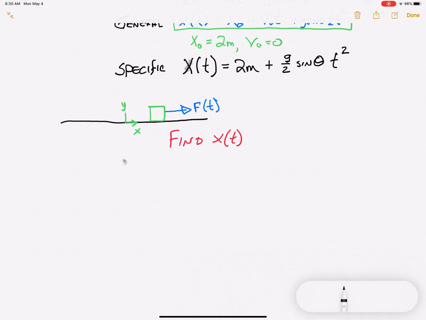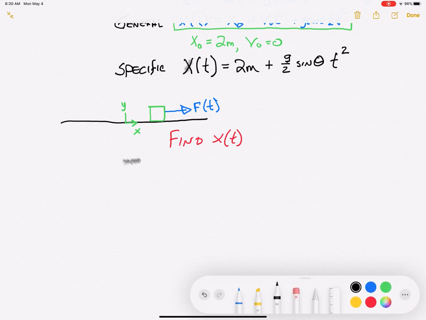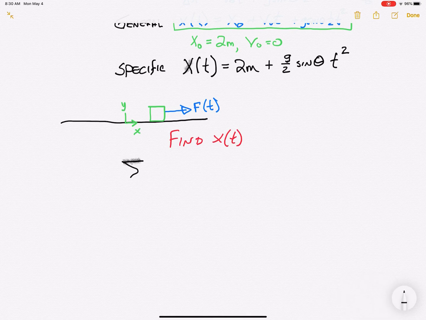So we start with, I'm going to do that at the end of the semester, aren't I? Let me make you a less appealing color so I don't see you. There we go. So we're going to sum our forces in the x direction.